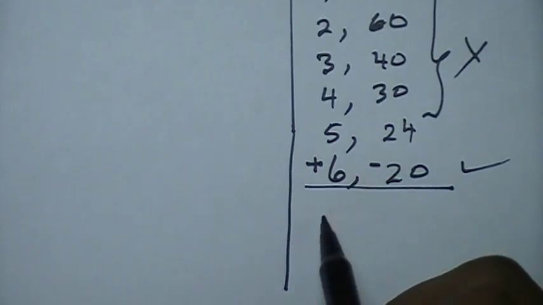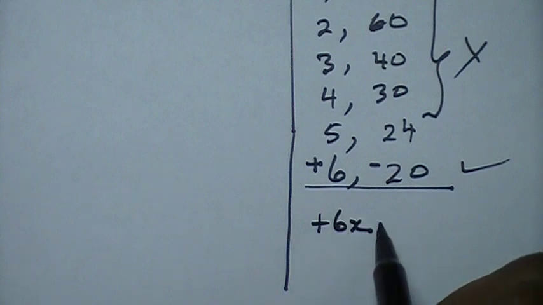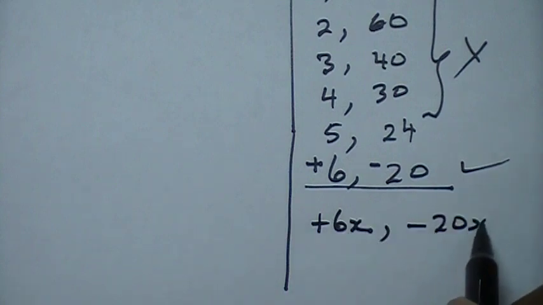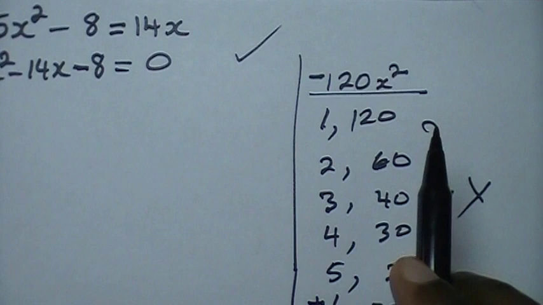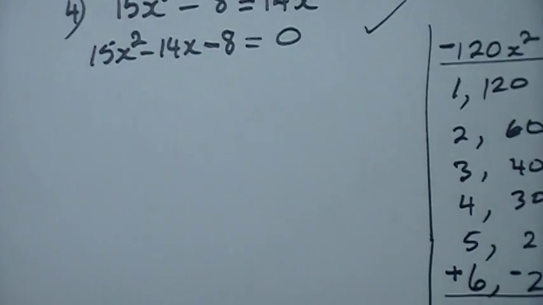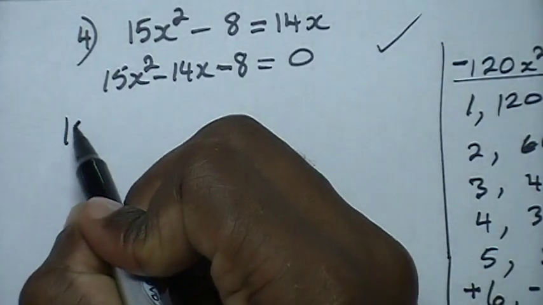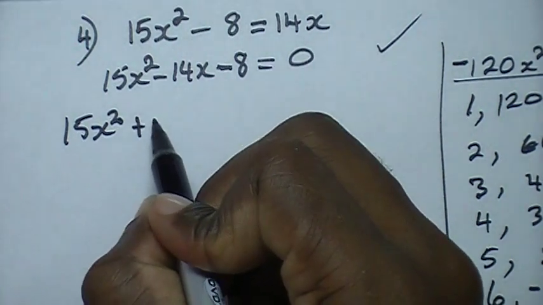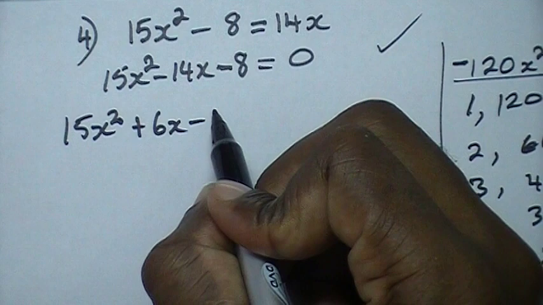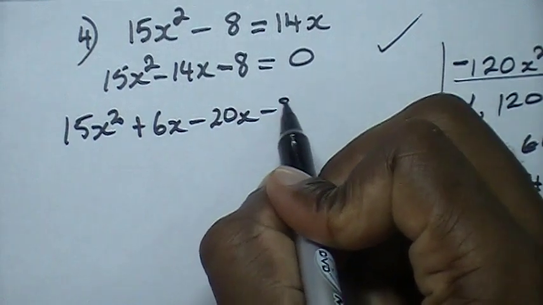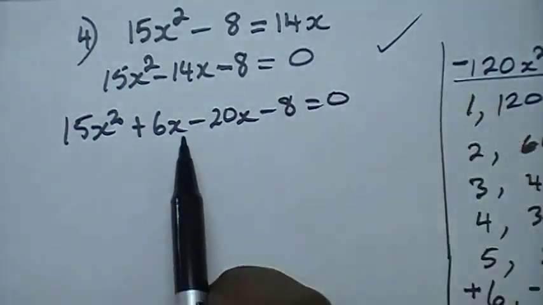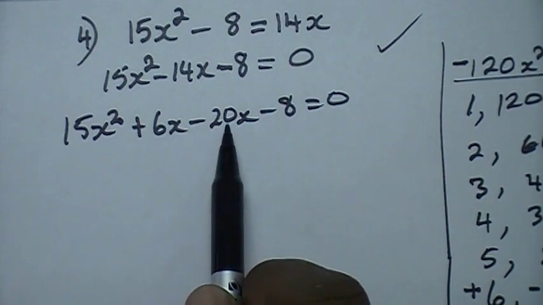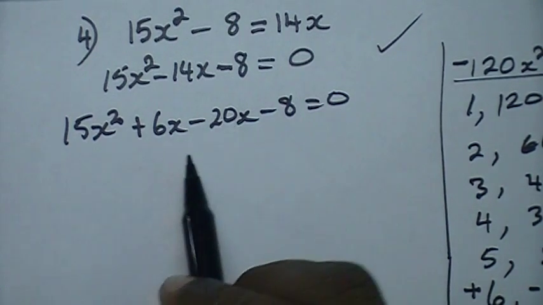So you're going to have positive 6x and negative 20x. Multiply gives us the x squared, and add gives us the x. Okay, so we're going to write back 15x squared plus 6x minus 20x minus 8 equals 0. Doesn't matter which one you put first, remember that. The solution will be the same in the end.